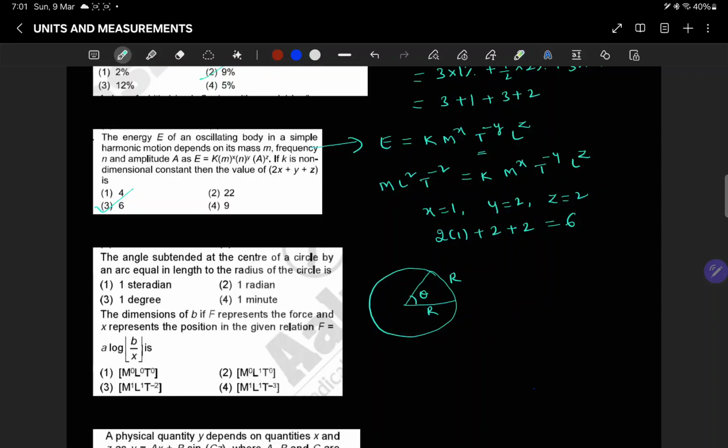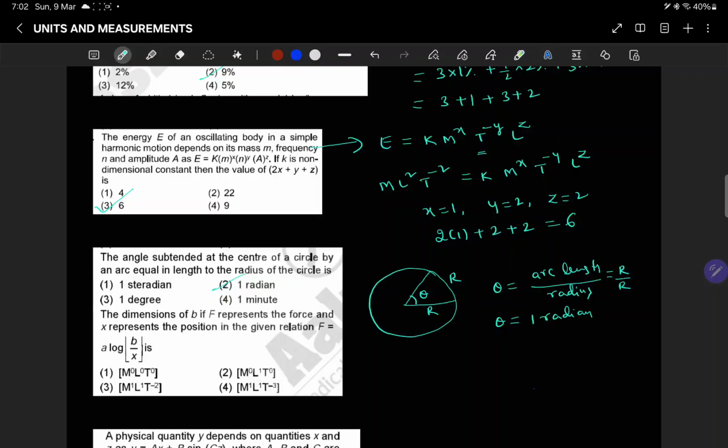So angle theta equals arc length by radius. Arc length is R only, radius also R only. So theta equals 1 radian, students. Plane angle is in radians, answer is 1 radian.